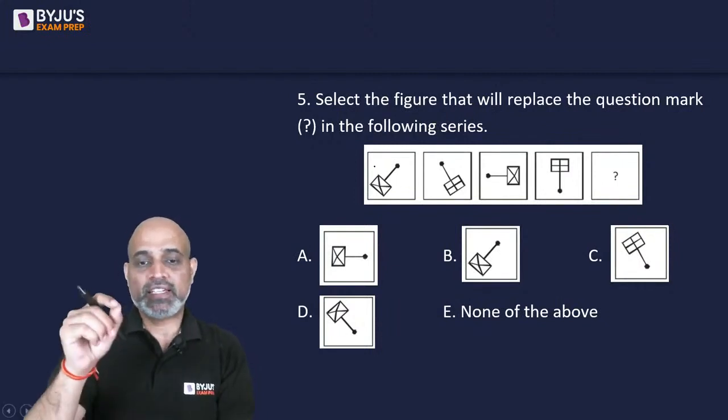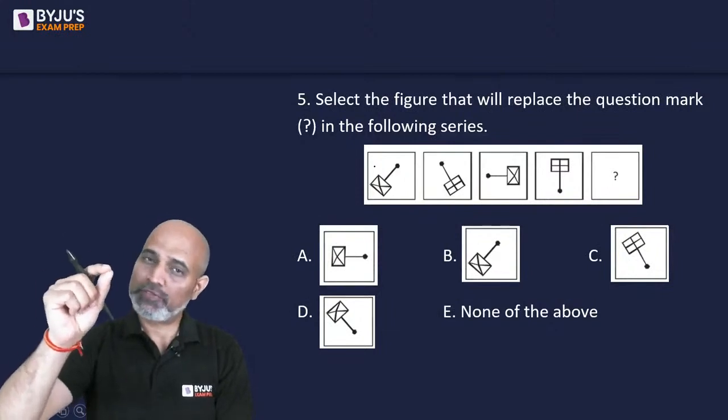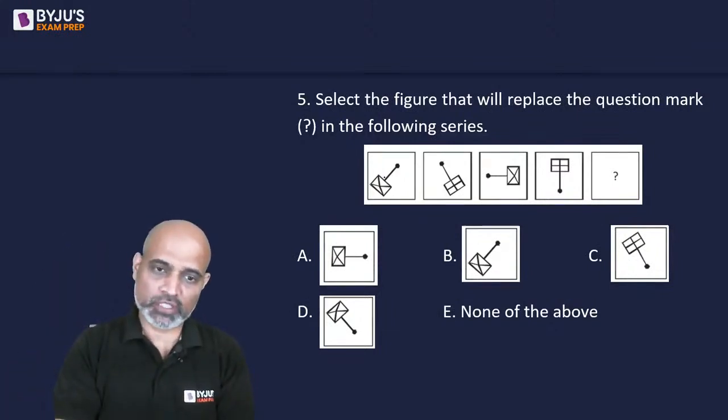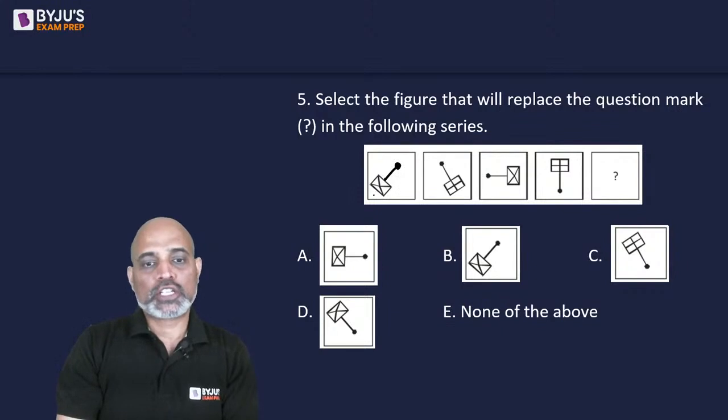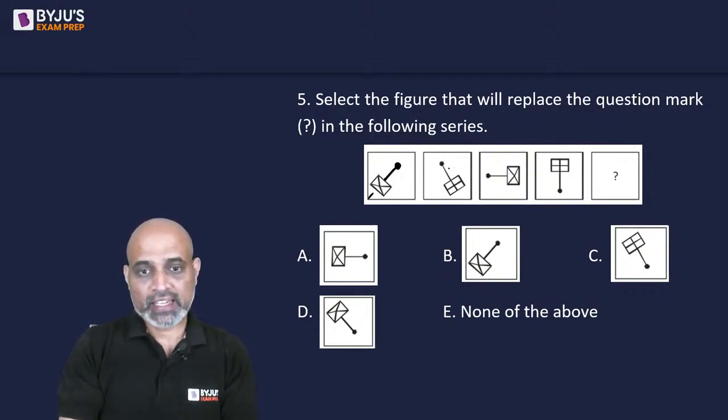See, if you look at the stick, the pin, which has a circle at one of the ends and it's a straight line. So I'm talking about this particular shape. It's pointing towards the southwest and then it points towards the southeast.